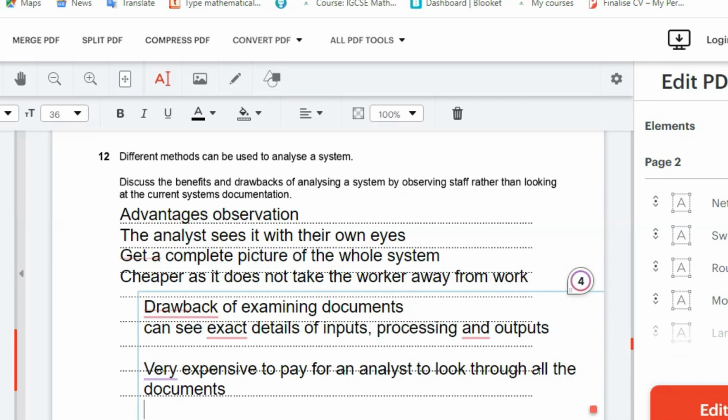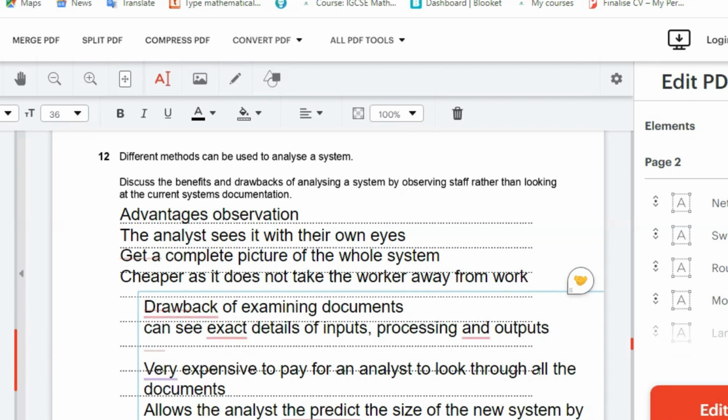Then 3, allows the analyst to predict the size of the new system, by analyzing the amount of data.